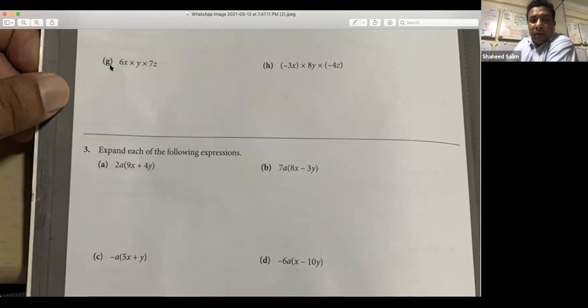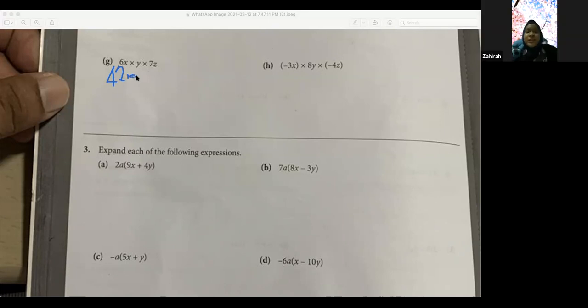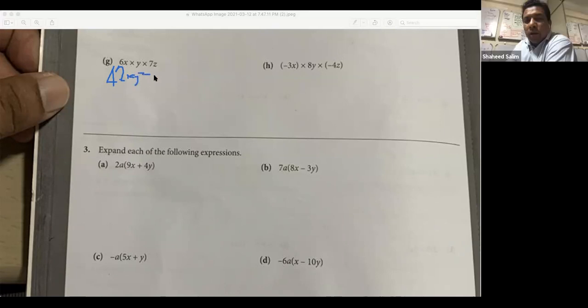Zahira, what's the answer for this one? G. 6 times 7, 42. Then X times Y times Z, XYZ lah. Okay, so now Raihana and XYZ. So you do this one, this last one on here, while I check here and one, while Raihana also same thing.